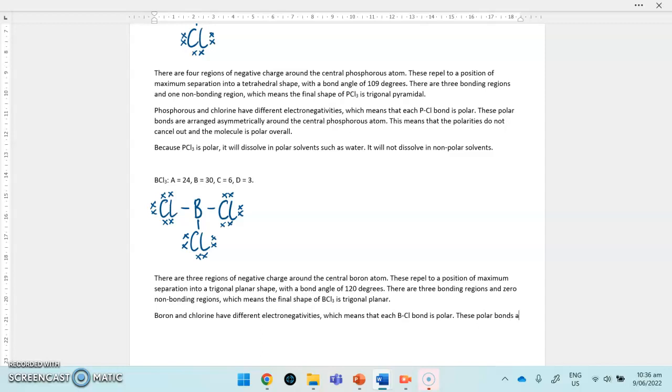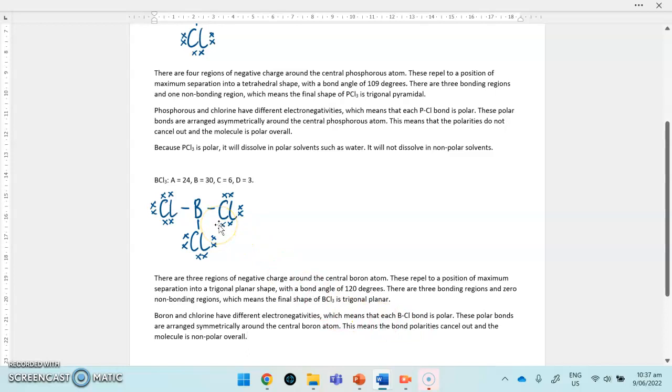Polar bonds are arranged symmetrically around the central boron atom. This means the bond polarities cancel out and the molecule is non-polar overall.